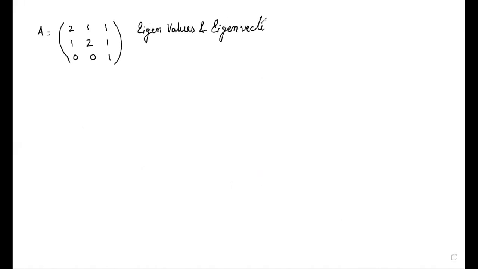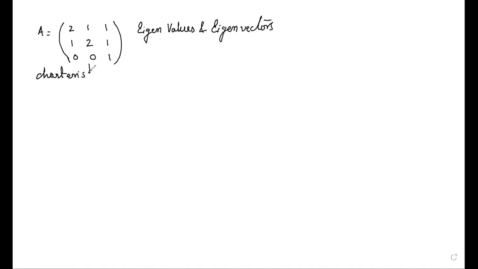First, we will find the eigenvalues, and corresponding to each eigenvalue, we will get some eigenvectors. So where do we get the eigenvalues from? Eigenvalues are the roots of the characteristic equation. So we need to write the characteristic equation and then solve it to get the roots, and those are our eigenvalues. So what is our characteristic equation?